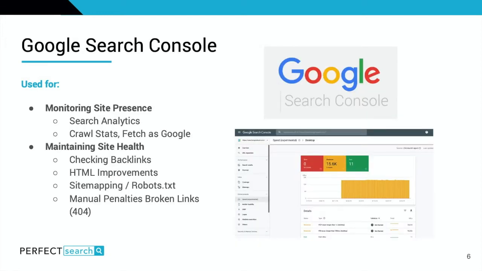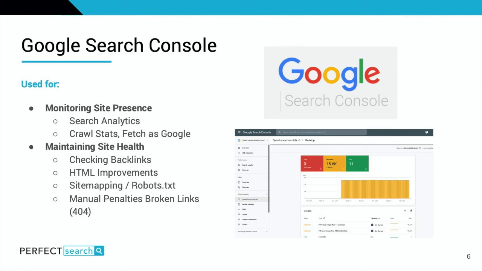The next tool that we're going to be talking about is Google Search Console. Google Search Console is similar to Google Analytics in the sense that it's giving you information about how people are visiting and interacting with your website, but it does show you slightly different stuff.